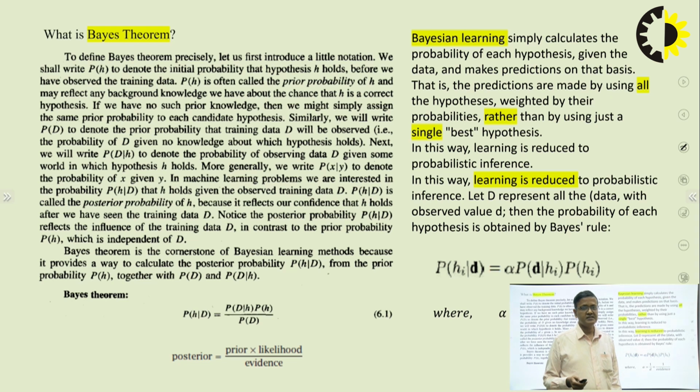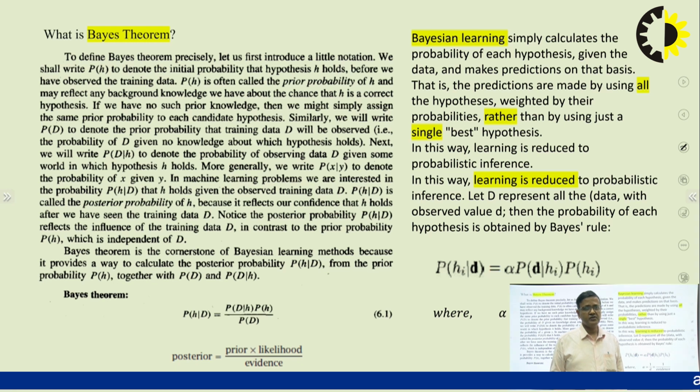This is a constant term, so we can ignore it while calculating the value of the posterior probability, P(hi given the data). In this way, learning is reduced to probabilistic inference, because we are considering all the hypotheses for predicting our next instance.